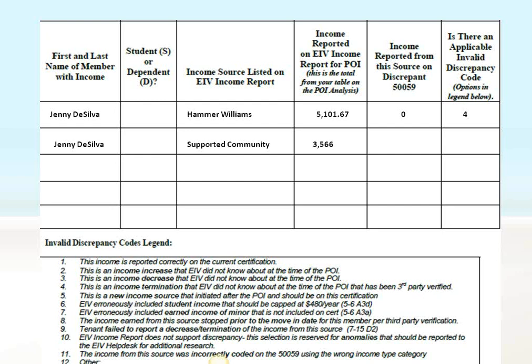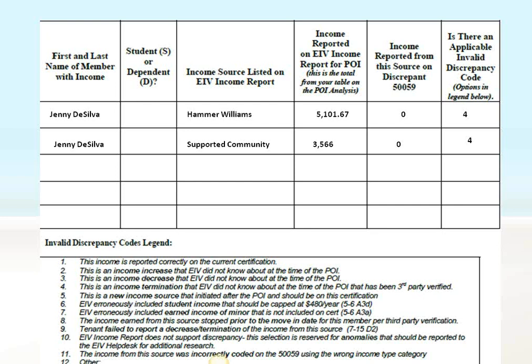What amount of supported community income did you put on the 12/1 interim? 0. And why didn't you put it on there? It was after the termination date. She didn't work there anymore. You're just smarter than EIV.